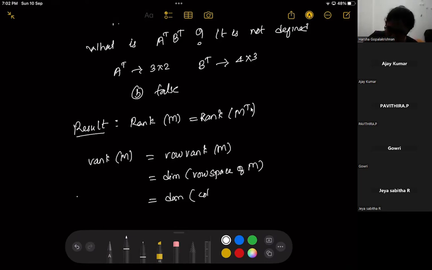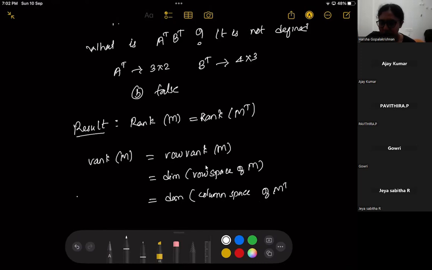So, column space of M transpose. We know that column space of M transpose is same as row space of M.